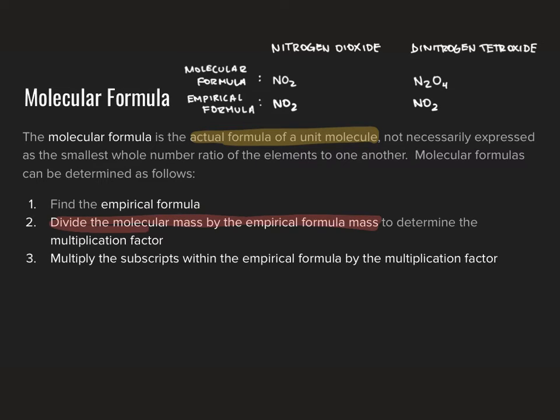If we do that, we should end up with some sort of small whole number ratio, which essentially comes up as a multiplication factor. All that remains then is to multiply the number of each element in the empirical formula unit by that same factor, and we'll end up with the molecular formula for our substance. Let's go ahead and do an example of that process using those exact nitrogen compounds I was just referring to on our next slide.